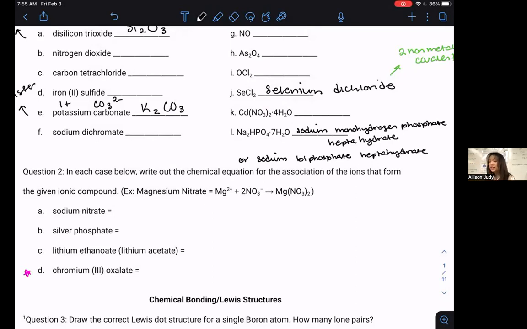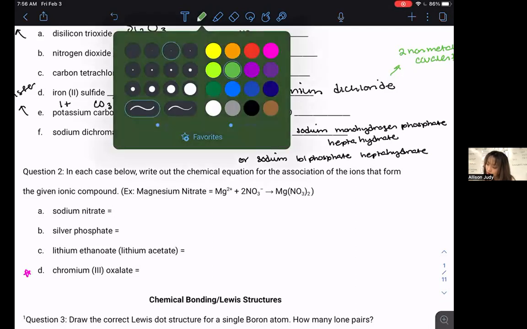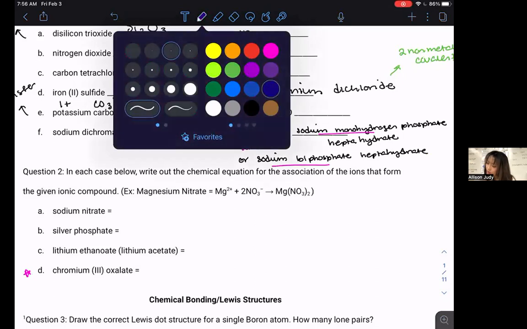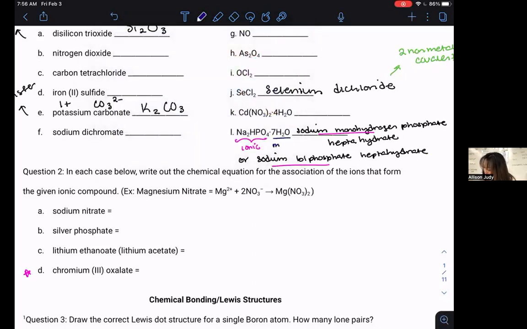Both are valid. Notice you have the ionic compound portion right here, and it's named according to our ionic compound rules. And then you have this molecular, or covalent, portion of it, and it's named using covalent rules: heptahydrate, a Greek prefix.